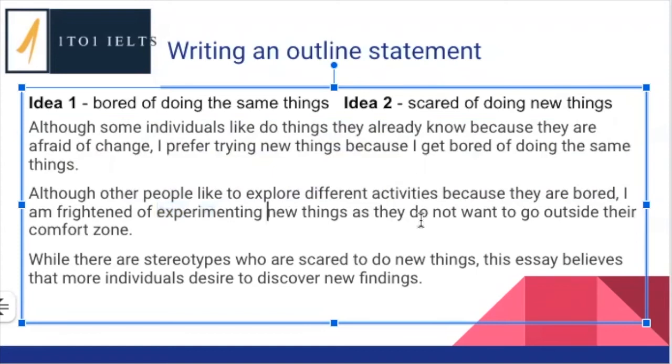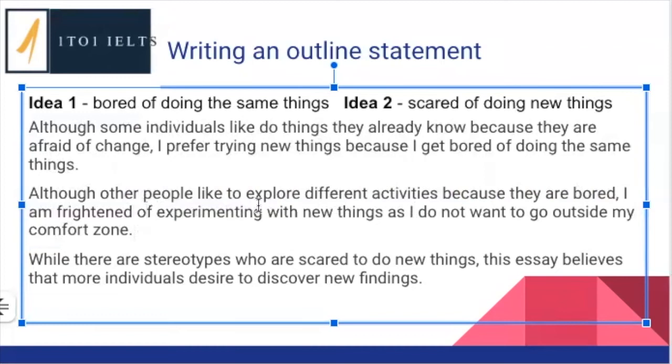Vanessa, excellent. Yeah, experiment with. Good job. So I'm frightened of experimenting with new things. As remember, you are the subject. I do not want to go outside my comfort zone.